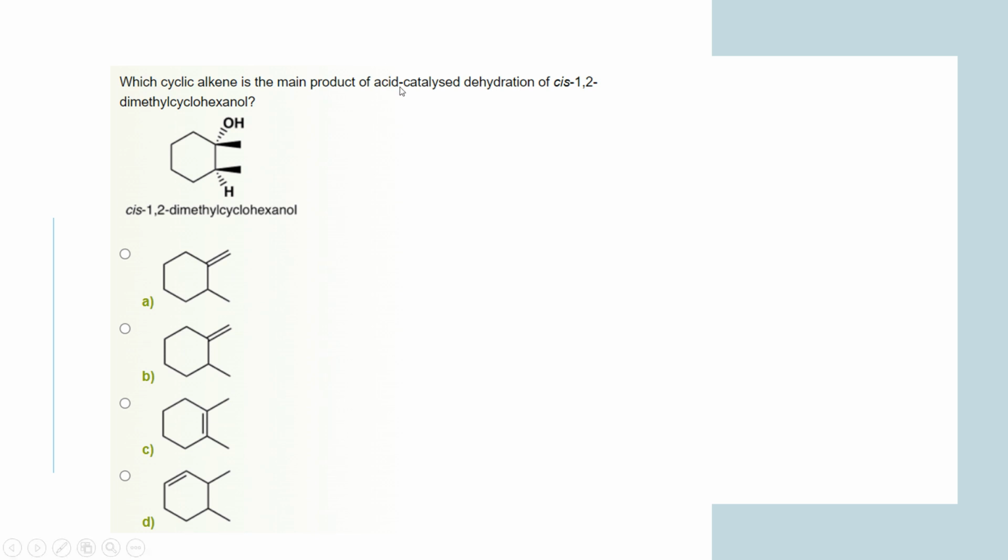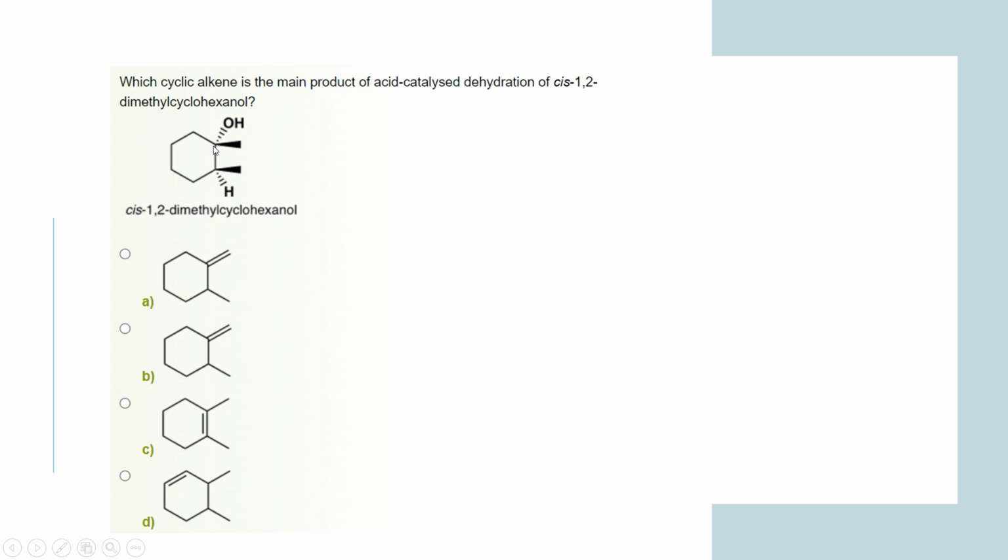What happens in acid catalyzed dehydration? First we get oxonium here because you have protons lying around in the reaction medium. This hydroxy will take up a proton from the medium to give you the oxonium here. In the subsequent step you will get water molecule elimination, and you get the carbocation formation here.